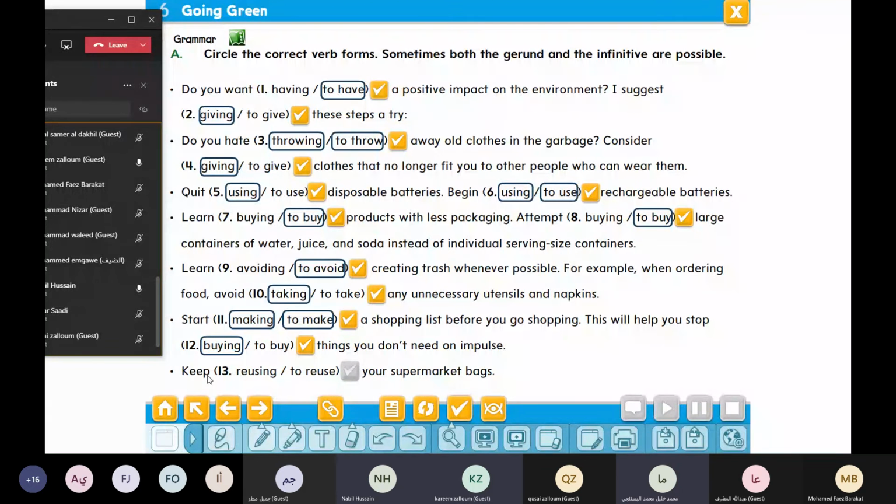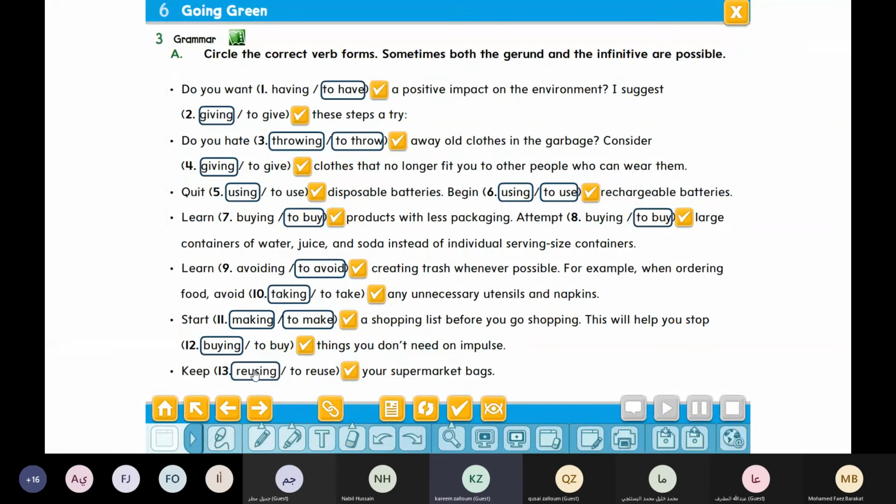Keep reusing your supermarket bags. Good. Okay, do it quickly, please.